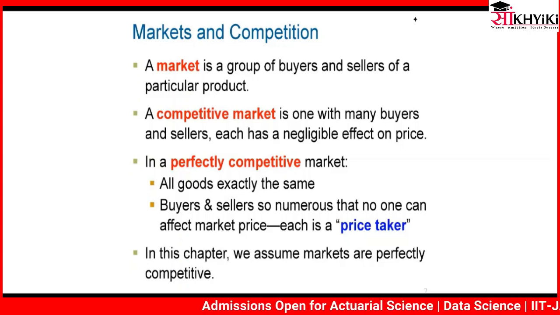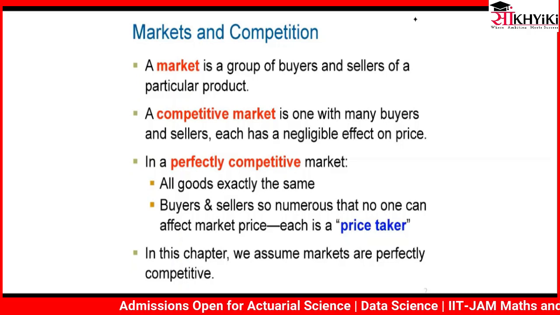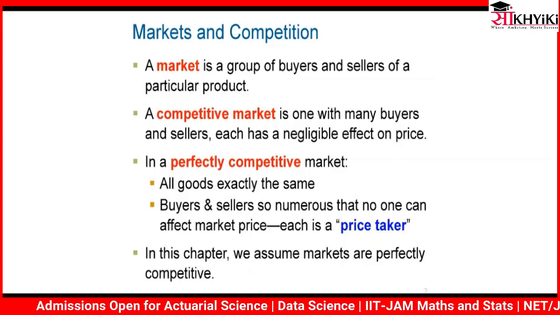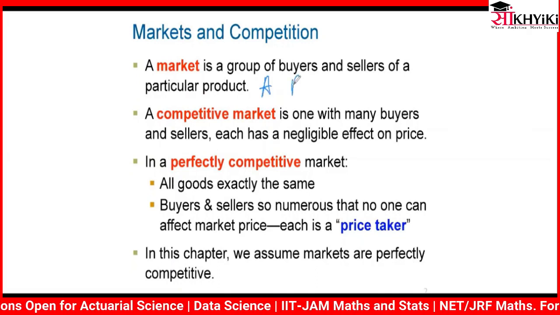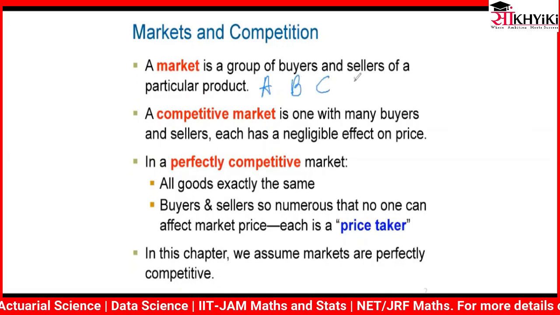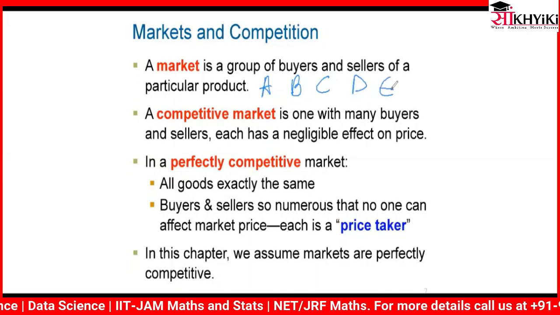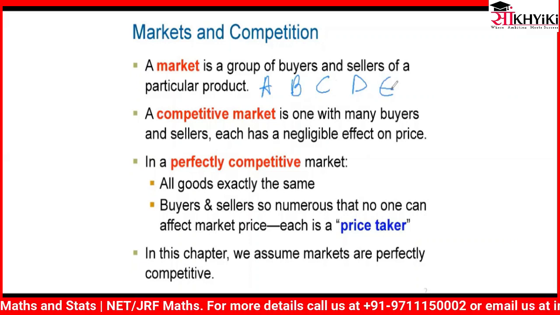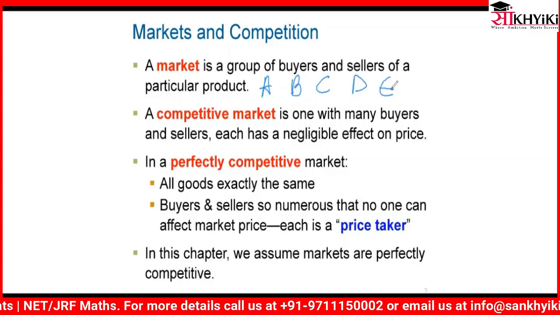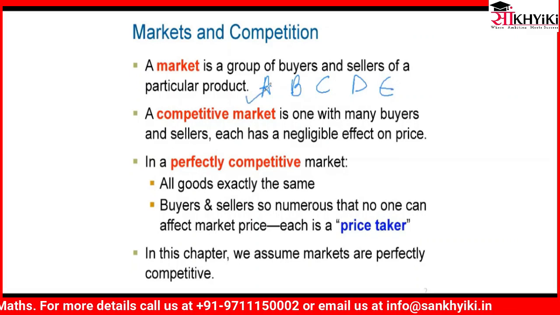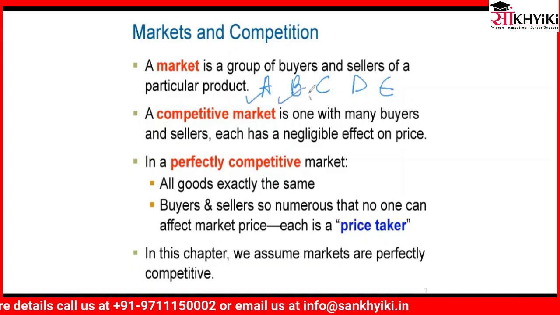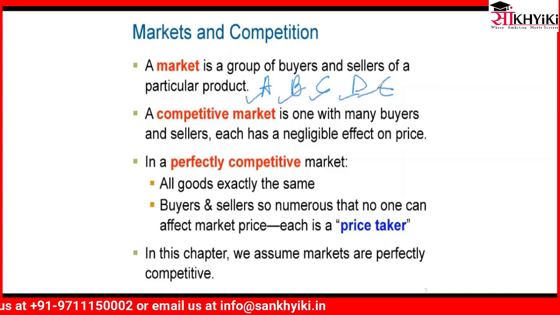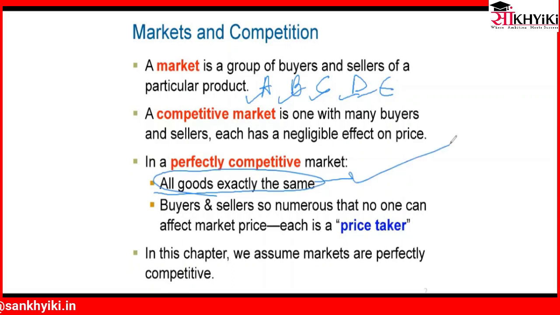So it is like now saying that I have an individual A, individual B, individual C, individual D, E. All of these people sell exactly the same quality of apple. Nothing is different in that apple. So A is also selling the same apple, B also, C, D, E. Everybody is selling the same apple, same taste, same quality. Everything is the same. So the goods that are sold are exactly the same.